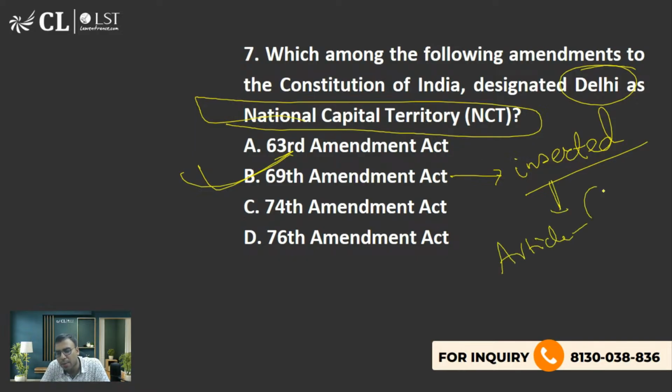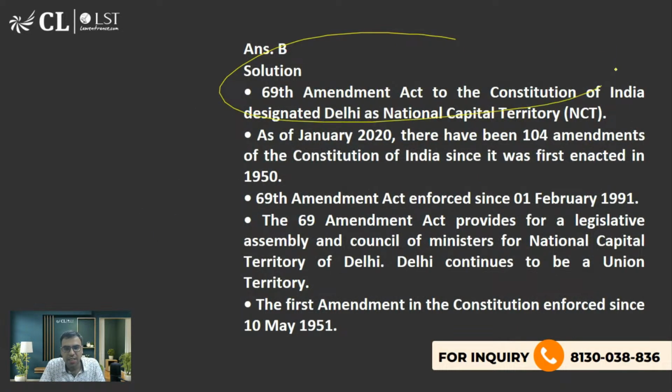Which article is being talked about? Article 239AA. Yes, SPDK, Ananya, Adarsh, you are right. 239, capital A, capital A. We have discussed it. So एक तरह से revision भी हो जाएगा, है ना?